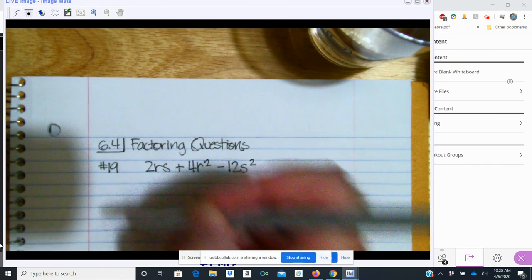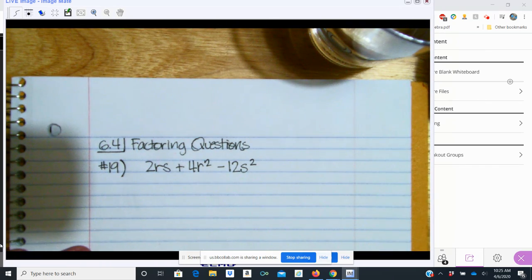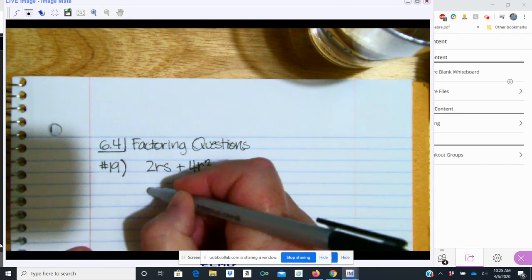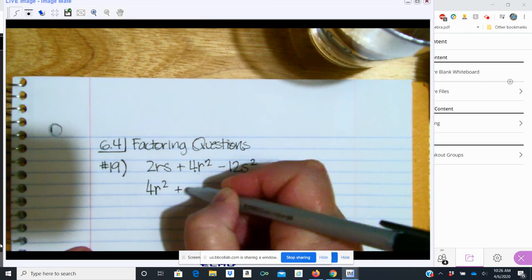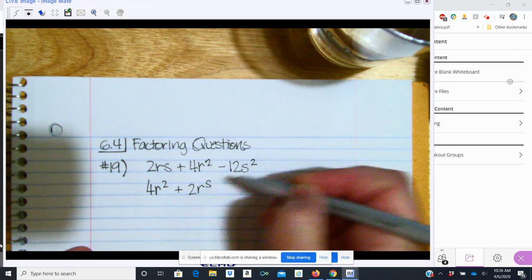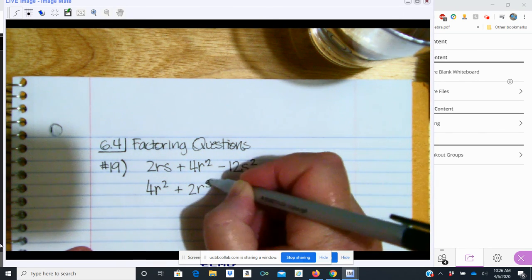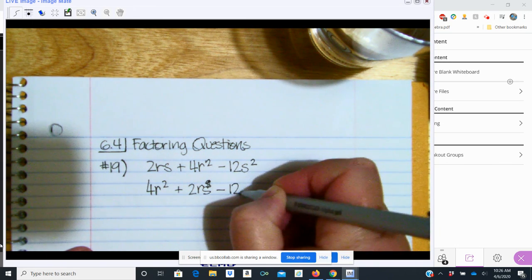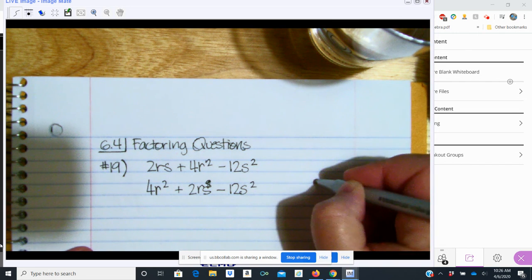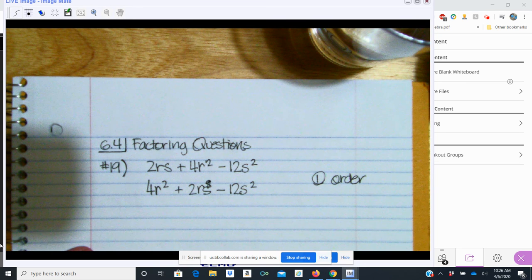This is what I'm supposed to factor? Okay. So I'm going to put it in order first. I check the order first.